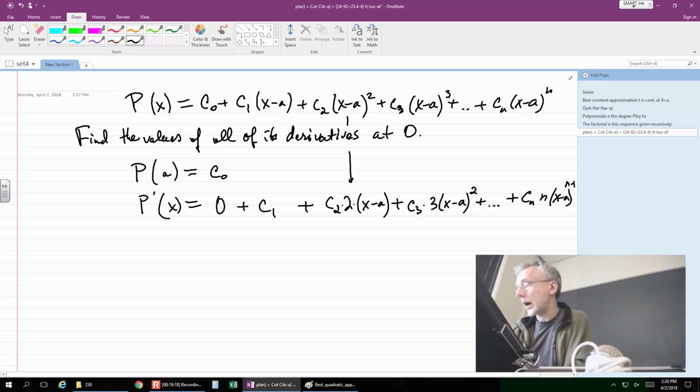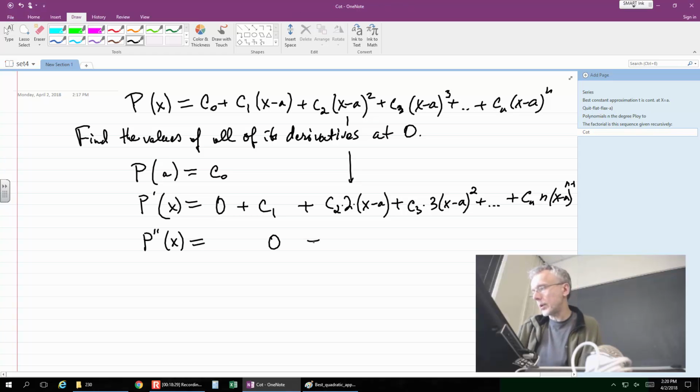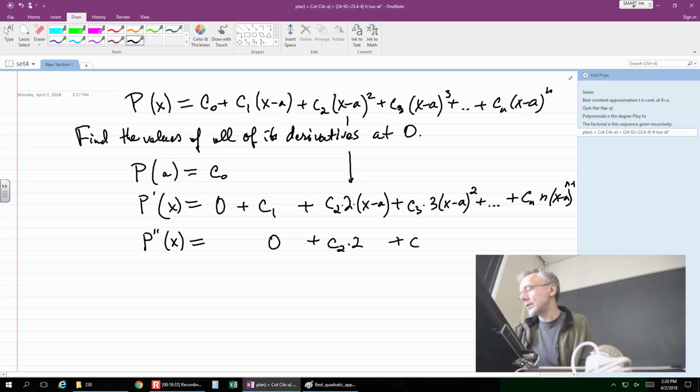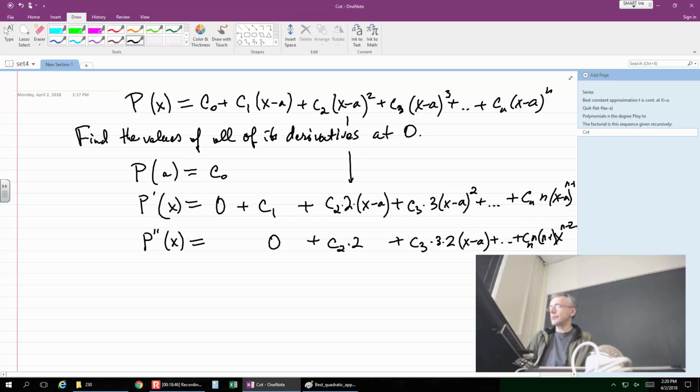Well, let's compute them first. The second derivative will be 0 plus c2 times 2 plus c3 times 3 times 2 (x minus a), and on and on. The next one is c n minus 1 times (x minus a) to the n minus 2. Okay, so the coefficients are growing.